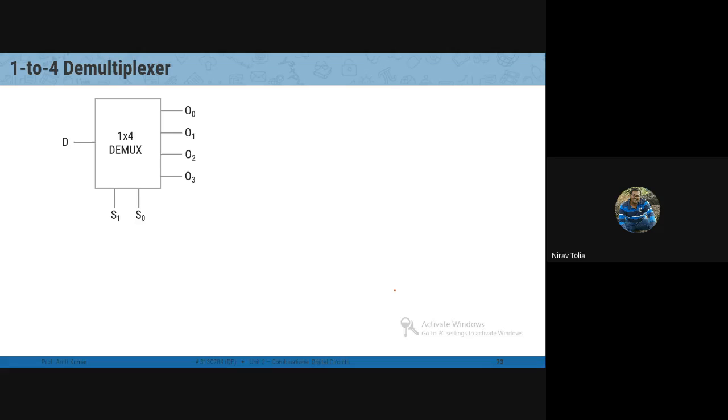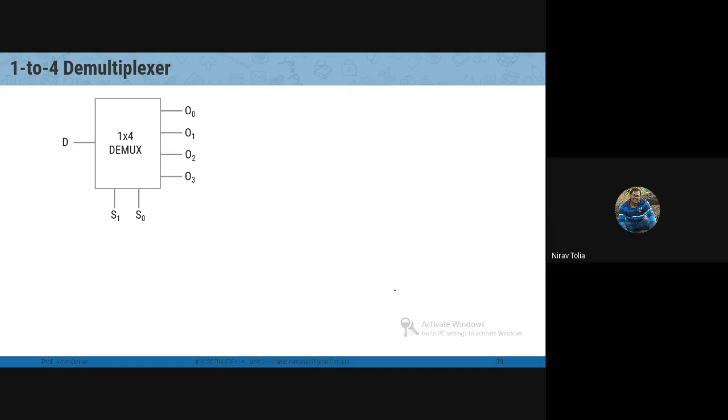Which output the data is distributed to first is selected by the select lines. For four outputs we require two select lines.